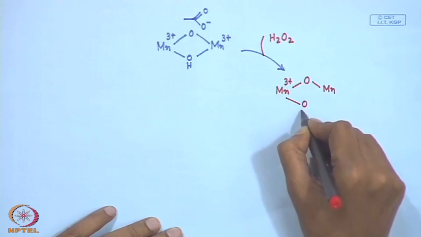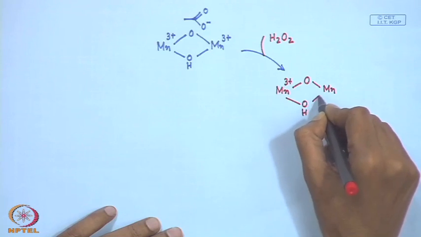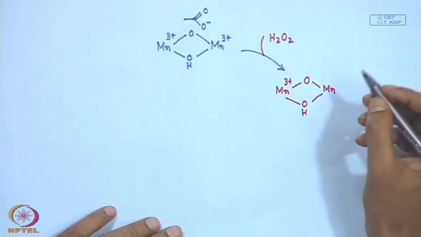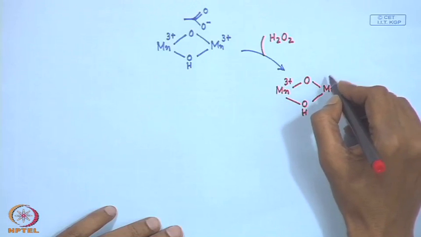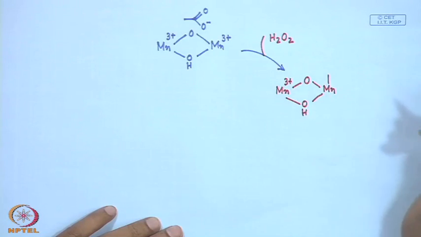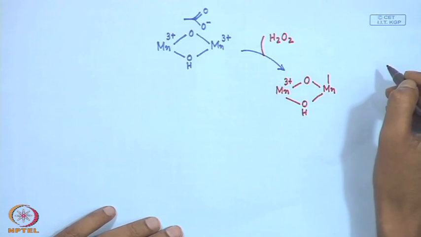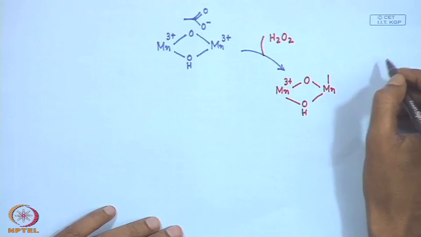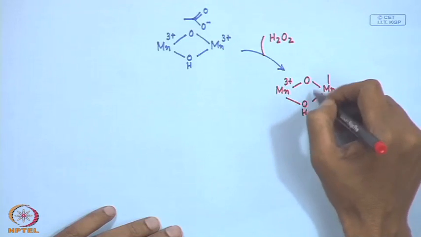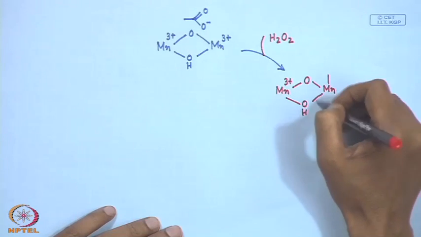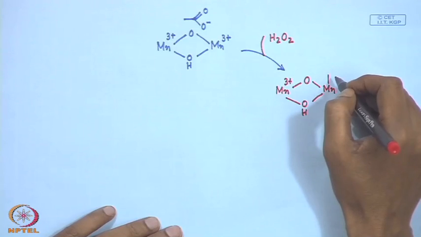So, one is oxo, another is the hydroxo one, and this particular manganese, if they are not completely fulfilled by the donor groups. What we have seen on the right hand side, the manganese was loosely bound to your glutamate unit, which is highly distorted.